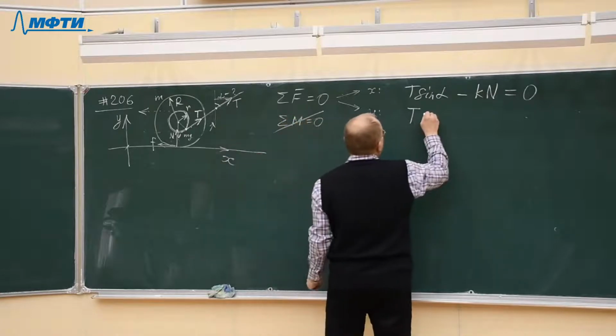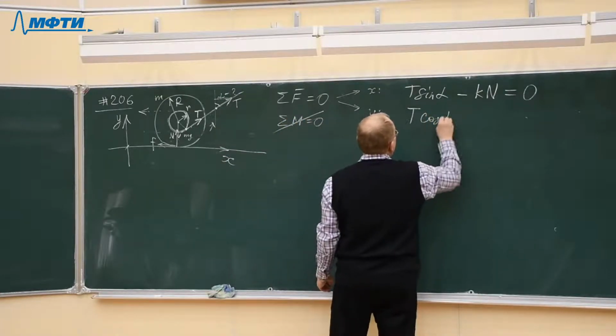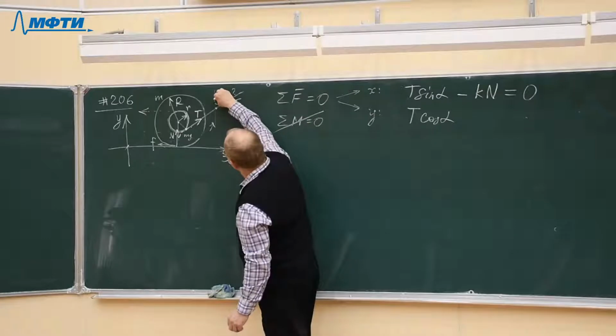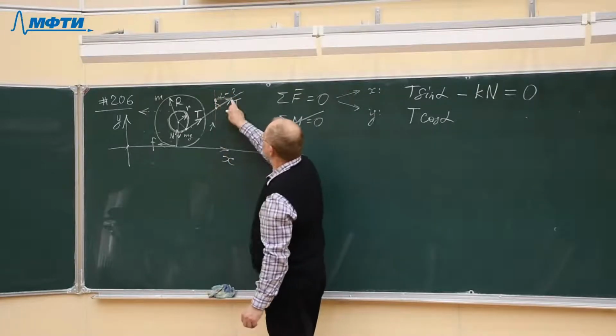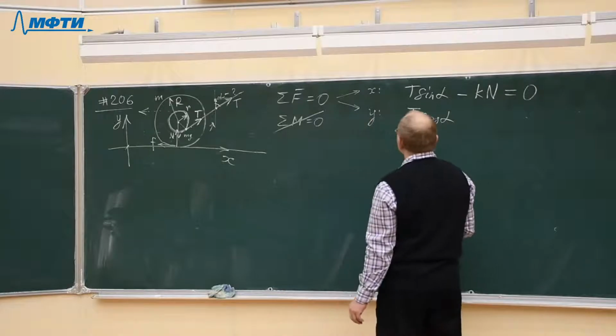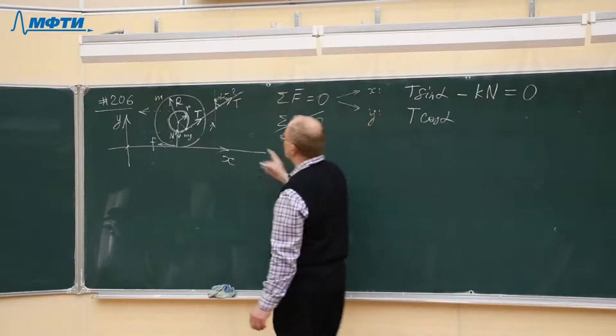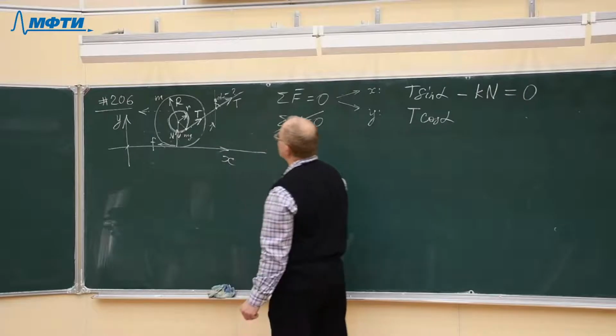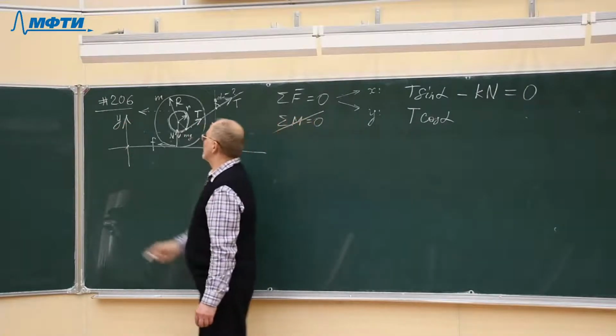It must be T cosine alpha, this vertical component of the force of tension, T cosine alpha. It goes with a plus sign because it's directed upward in the positive direction of the y-axis.